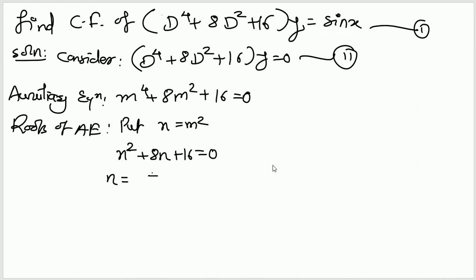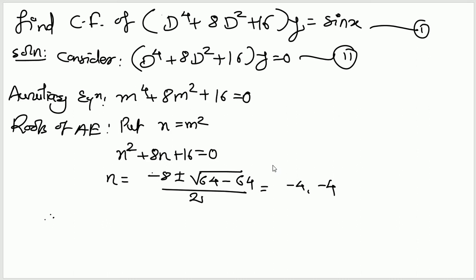So n will be (-8 ± √(64 - 64)) / 2. So values of n are, we'll get repeated values here, -4, -4. Okay, so n = -4 twice.